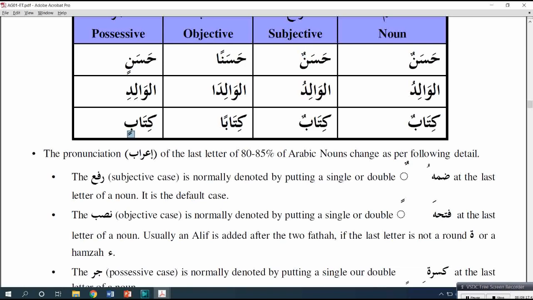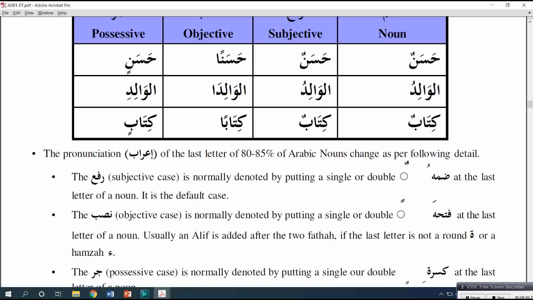As you know, na? The rule of Arabic grammar is that the rafa, subjective case, is normally denoted by putting a single or double dhamma on the word, like hasanun or hasanu.